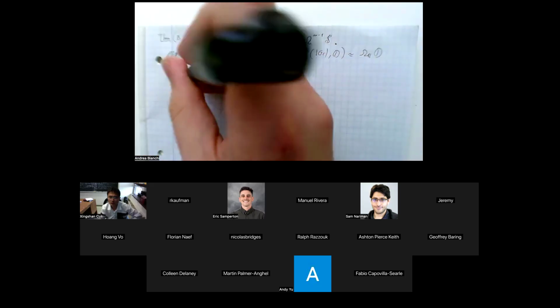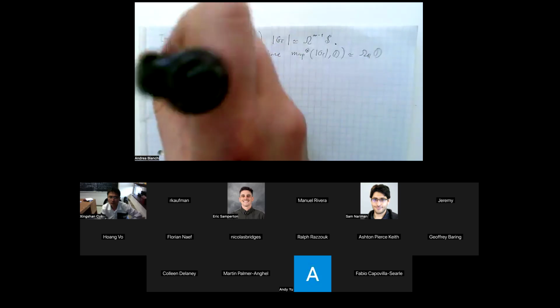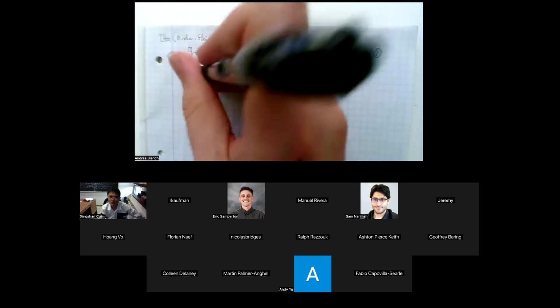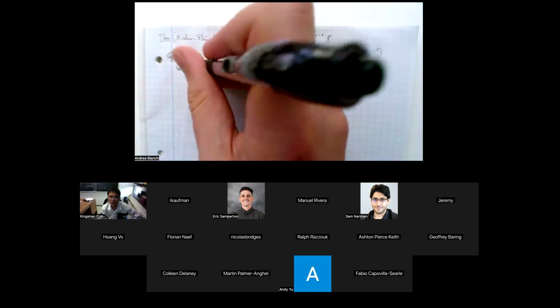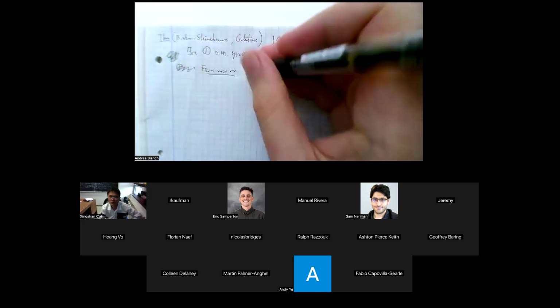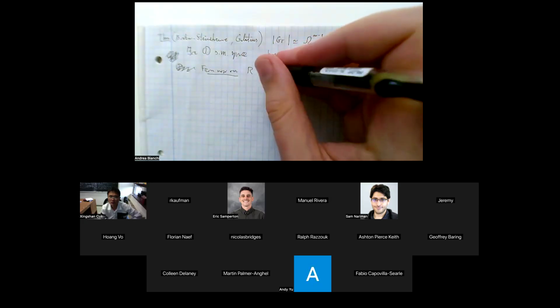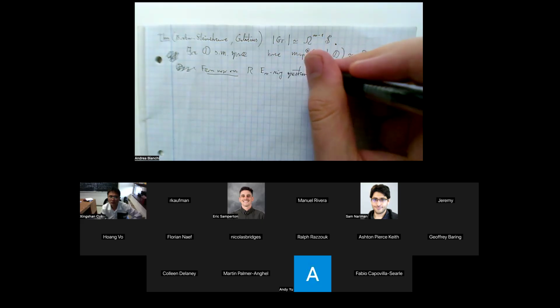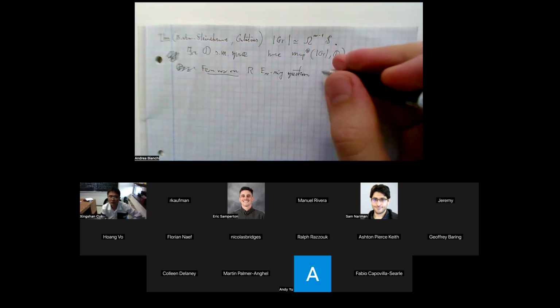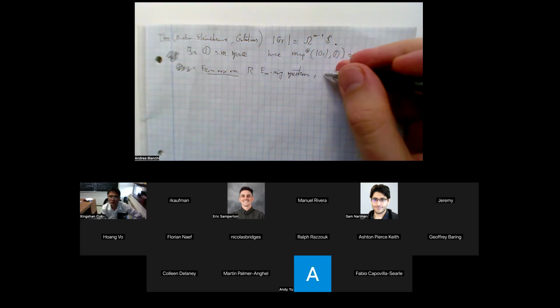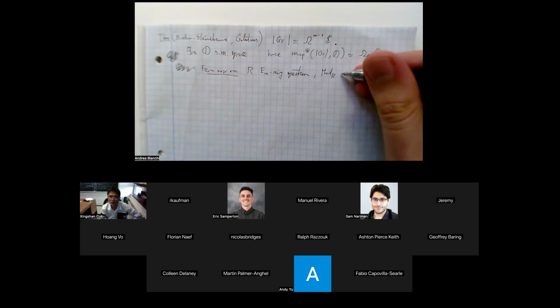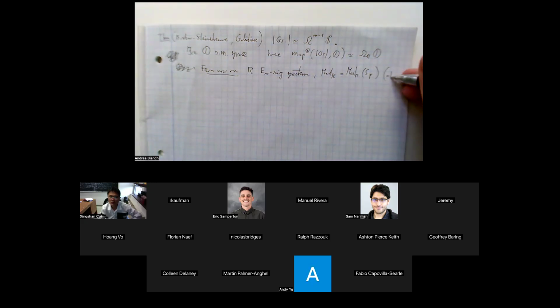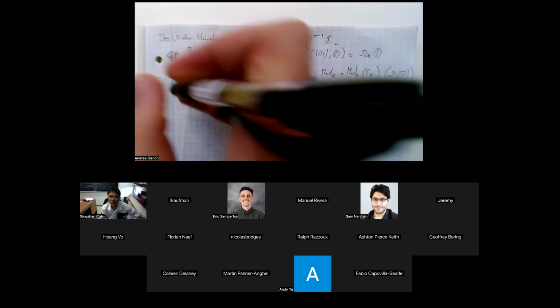And I will take now D equal to, okay, so from now on, R is an infinity ring spectrum. And I will write mod R for mod R in spectra. So you can think of this as the derived category of R if R is discrete.